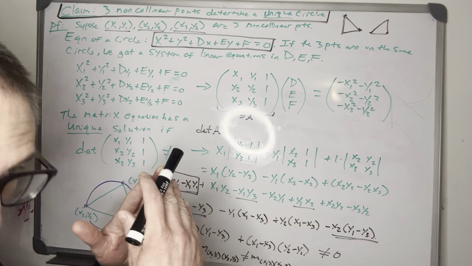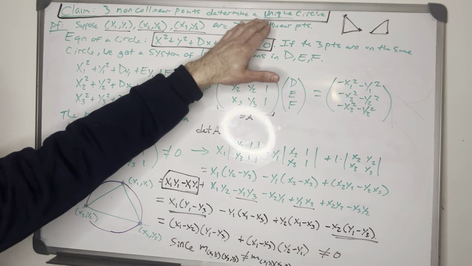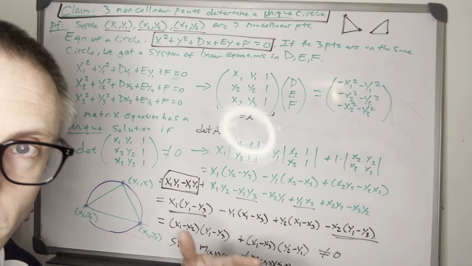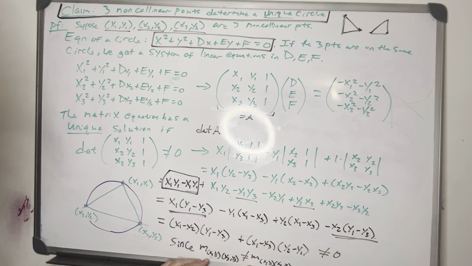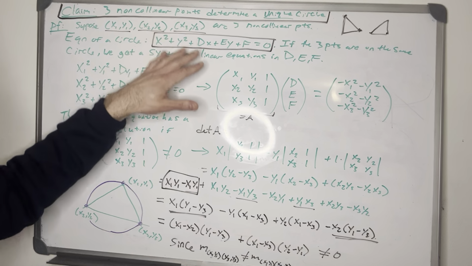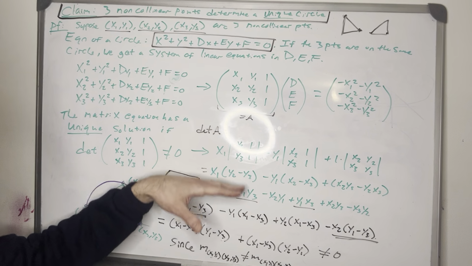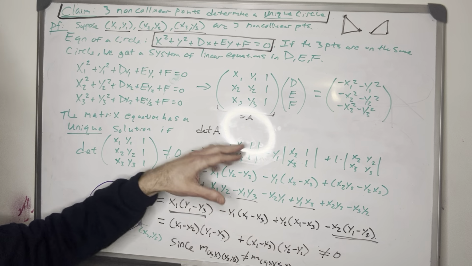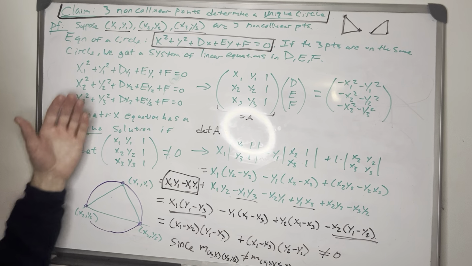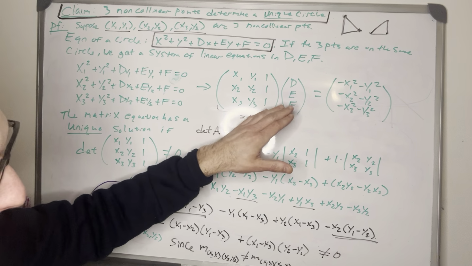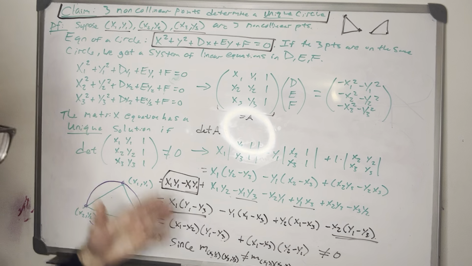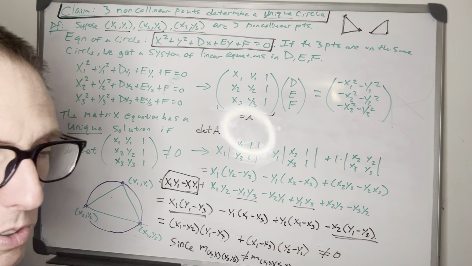So in other words, using the fact that those 3 points are non-collinear, that's the connection down here at the end. If you know that they're non-collinear, then this is true, and then you can work your way back and say that the determinant's non-zero, and therefore this must determine a unique circle that passes through the 3 points.